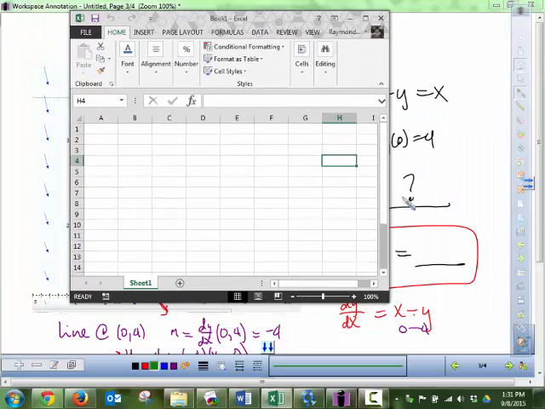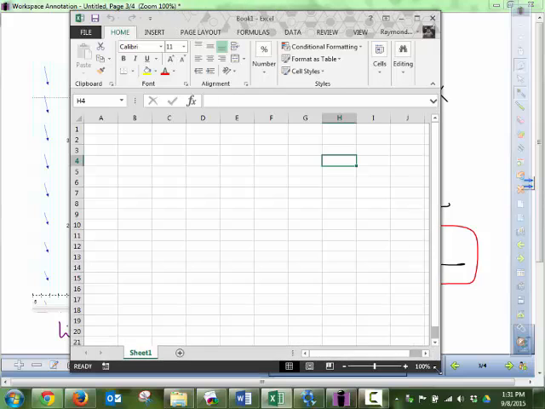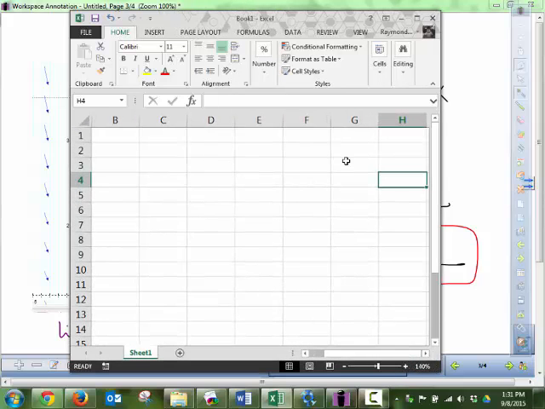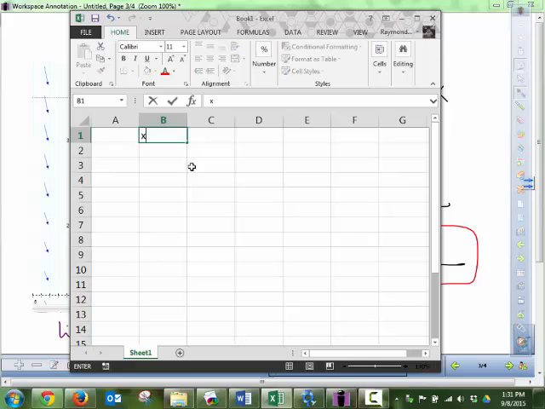I'm not going to use anything fancy in Excel. I'm just going to use its function capabilities for this. So let's start off with our x values and our y approximations.